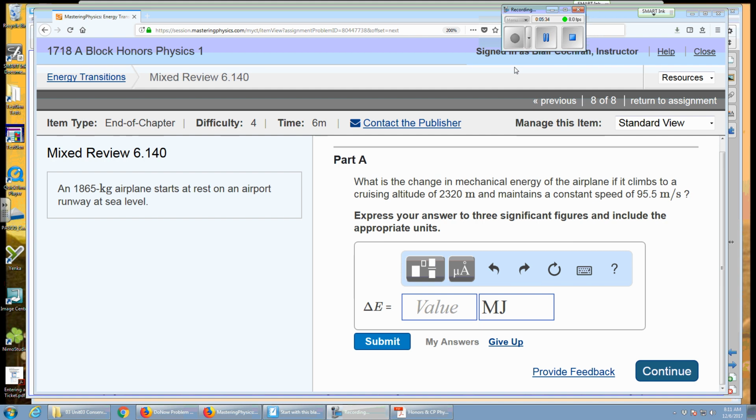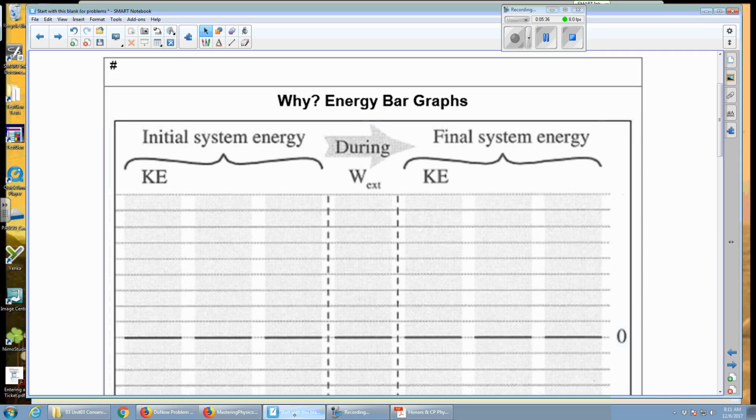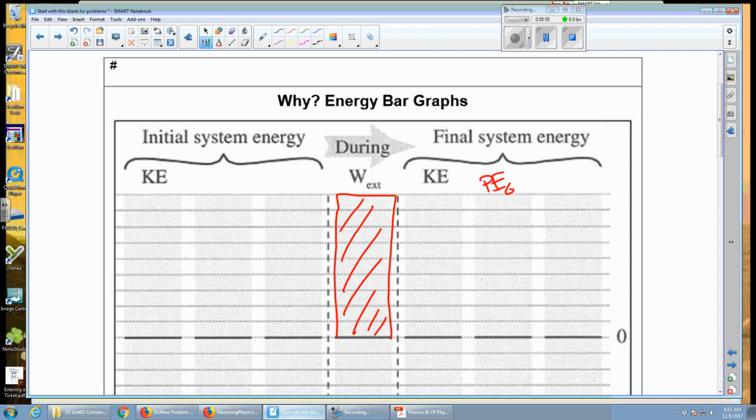So, all right, let's look at our bar graph here. No energy to begin with. It's asking the change in mechanical energy, so that must mean some external work is done. So I'm going to give it lots of external work. And then it's going to end up with PE grav, so I've got to have that on both sides.